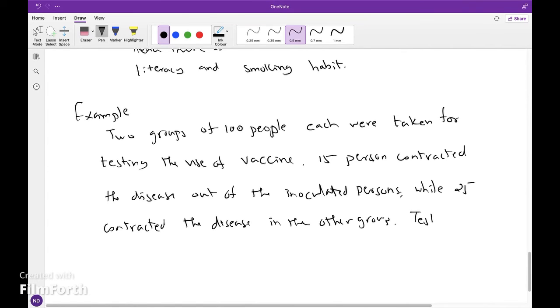Test the efficiency of the vaccine using chi-square test.